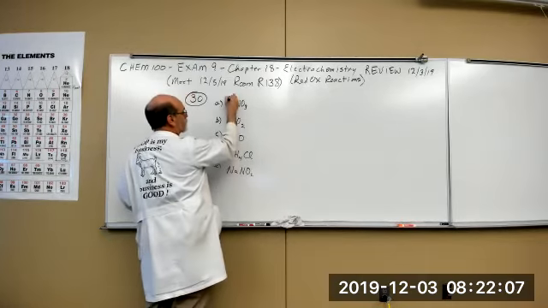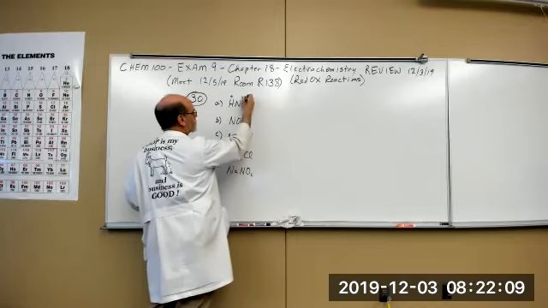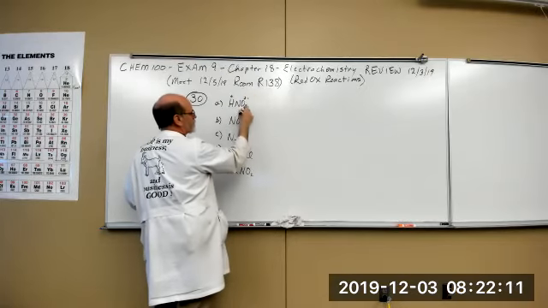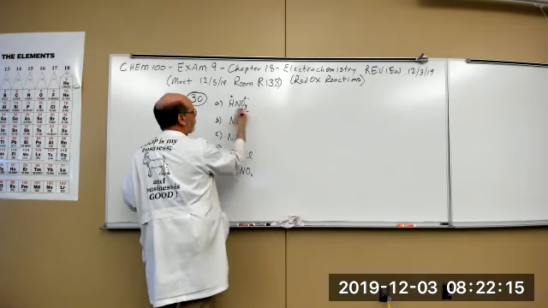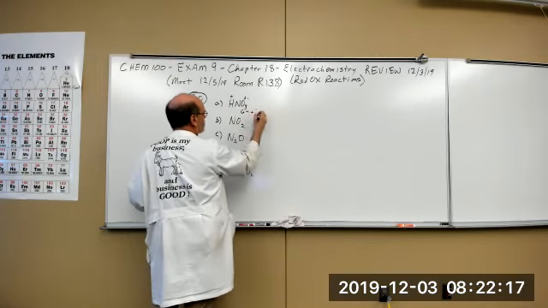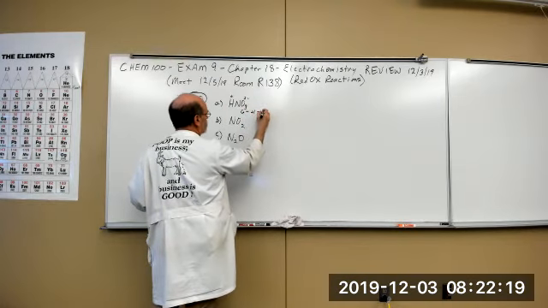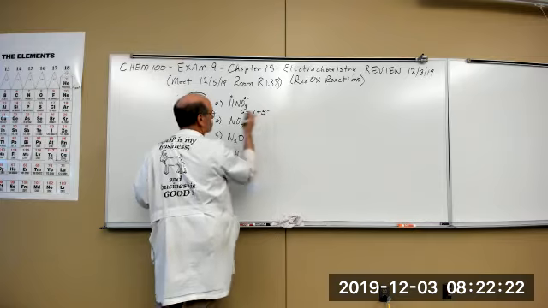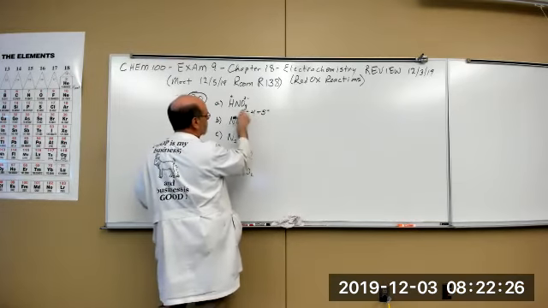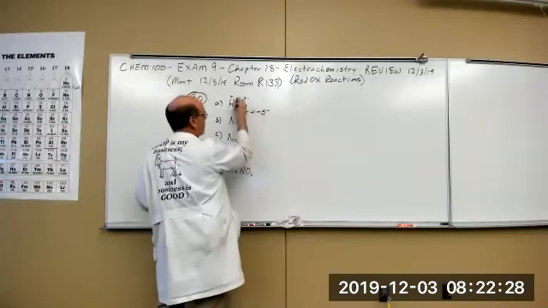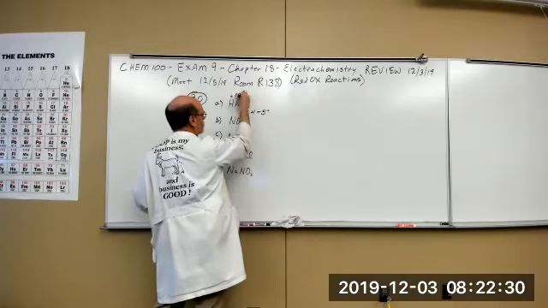Well, hydrogen is +1. Oxygen is a 2-, which makes 6-, and then a +1 equals 5-. Okay? So that means nitrogen has to balance this 5- with a 5+.